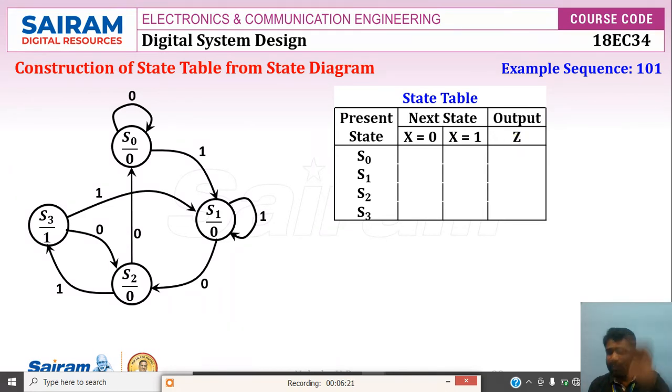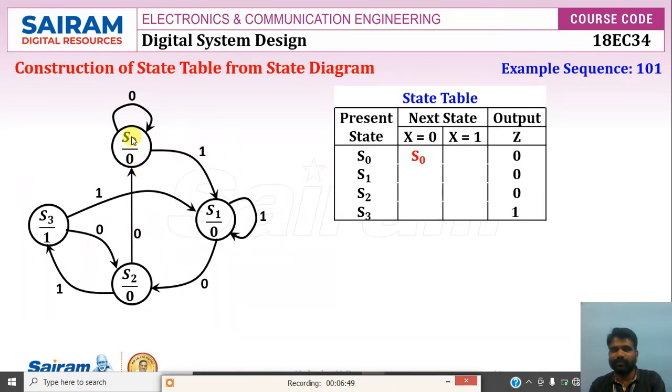Here there is only one column for the output because output depends only on the present state. If it is in S0, output is 0; S1, output is 0; S2, 0; S3, 1. So we list that here. And we complete this by observing the state diagram.